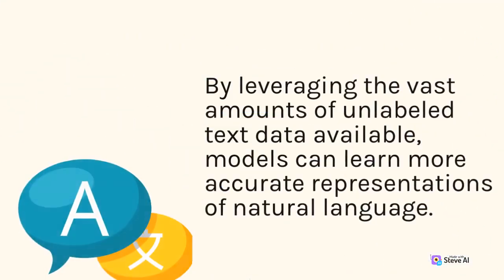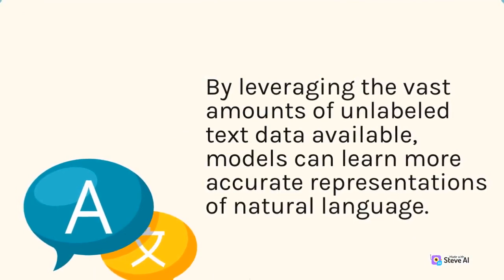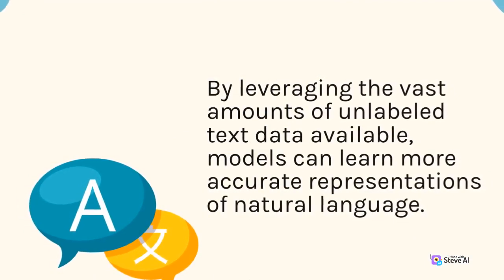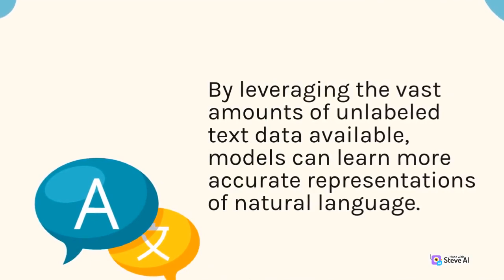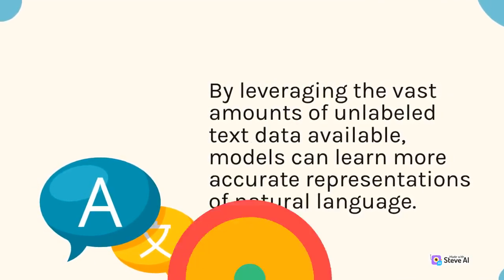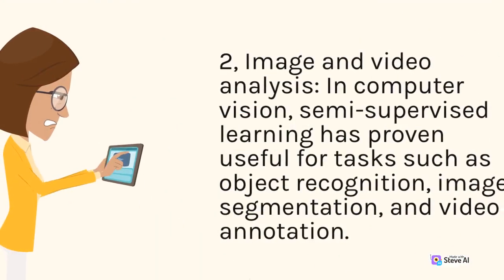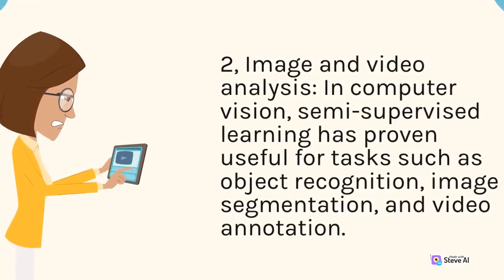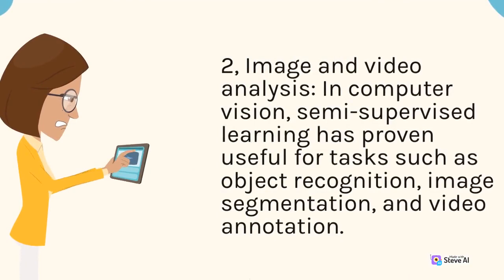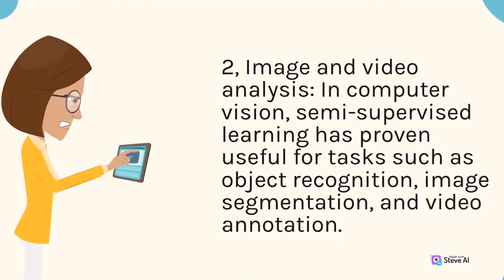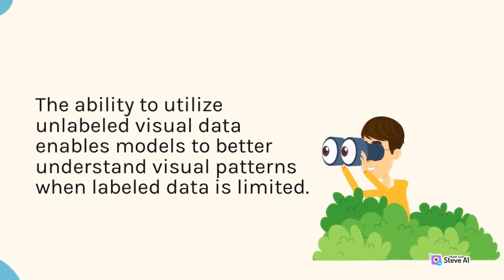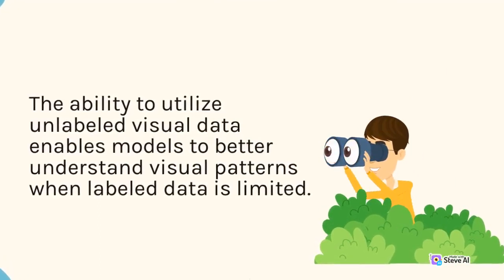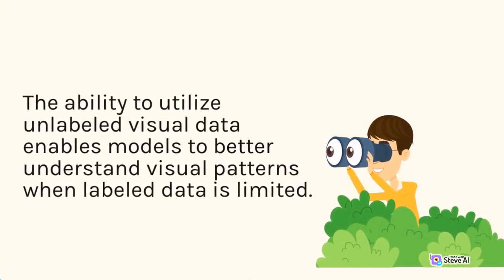By leveraging the vast amounts of unlabeled text data available, models can learn more accurate representations of natural language. 2. Image and video analysis. In computer vision, semi-supervised learning has proven useful for tasks such as object recognition, image segmentation, and video annotation. The ability to utilize unlabeled visual data enables models to better understand visual patterns when labeled data is limited.